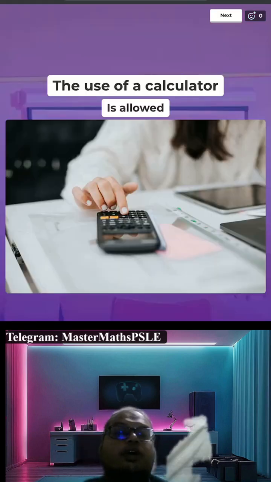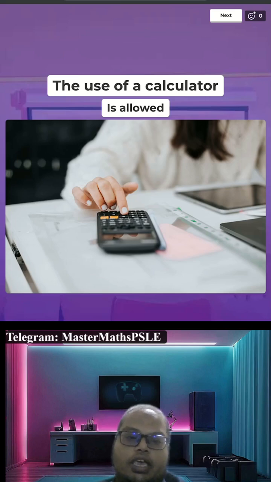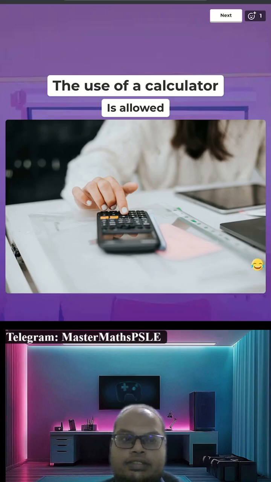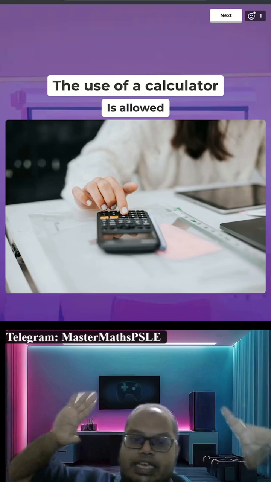Now you can use a calculator. For those who don't have your calculators with you right now, go and get your calculators. Quickly go get your calculators. I'm gonna press next in 10 seconds. 10, 9, 8.